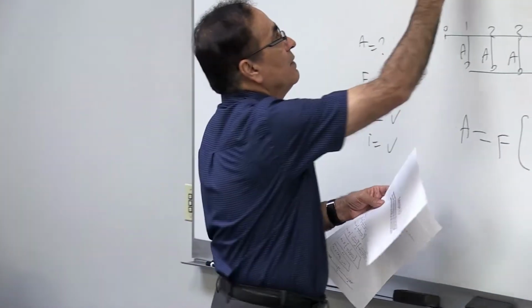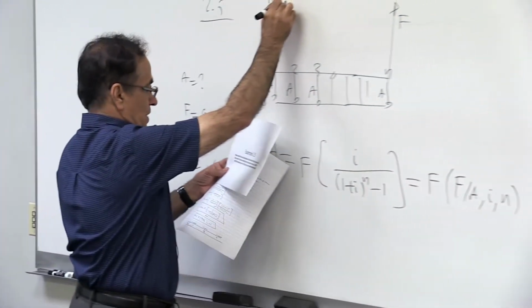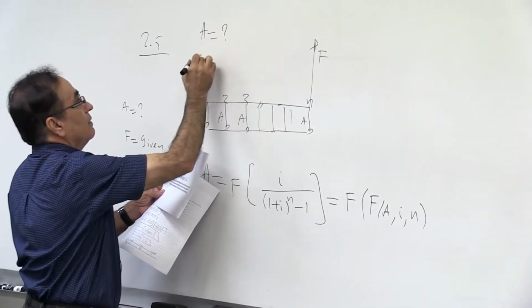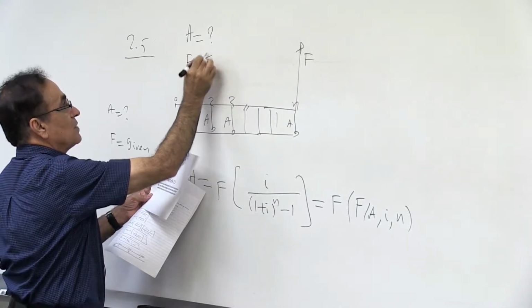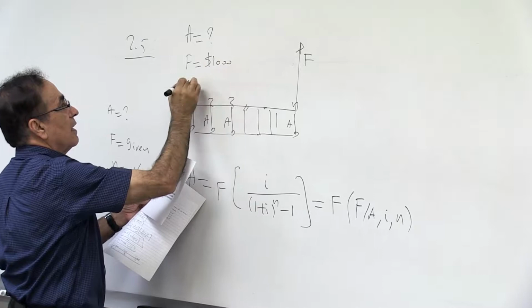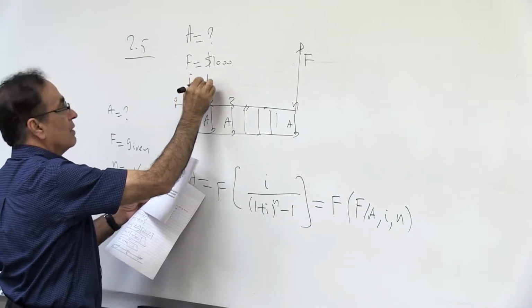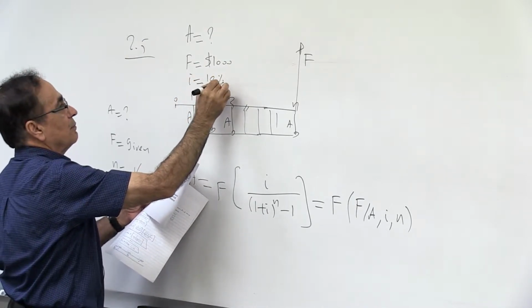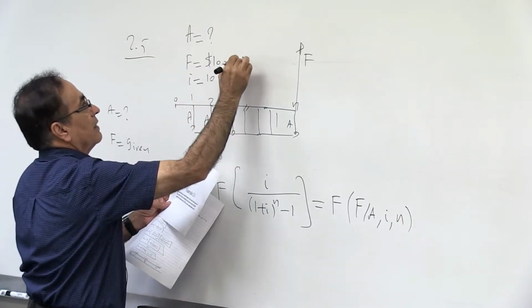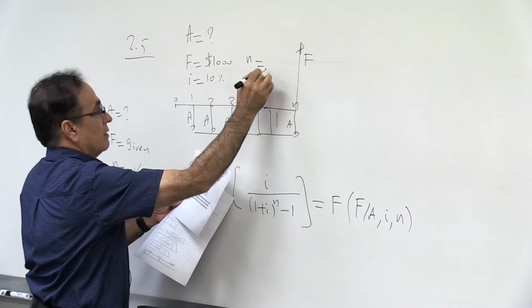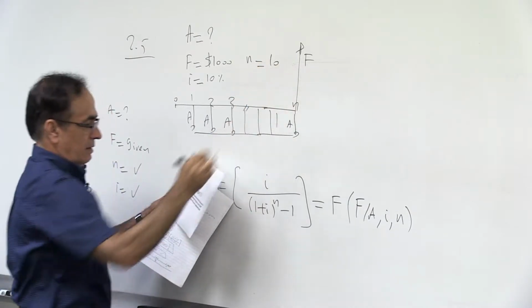So basically, my A value is unknown, my F value is 10,000, the interest rate is 10% per year, and finally, the number of periods n is 10.